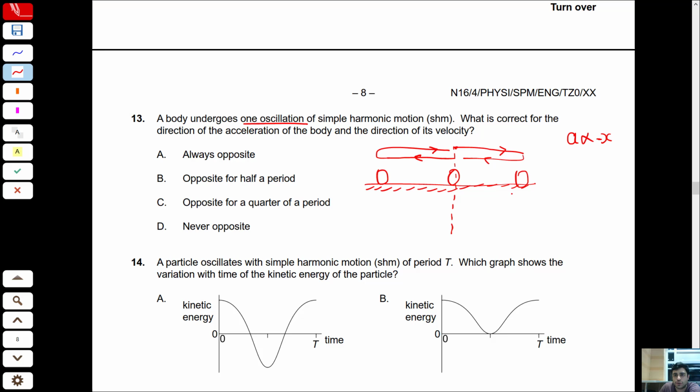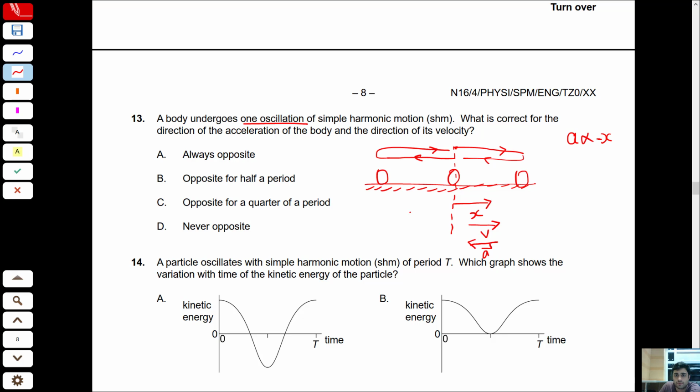As the displacement increases, if the displacement is in the forward direction, your velocity is also in the forward direction because you're moving forward. But the acceleration is opposing the displacement, so acceleration will be in the opposite direction.